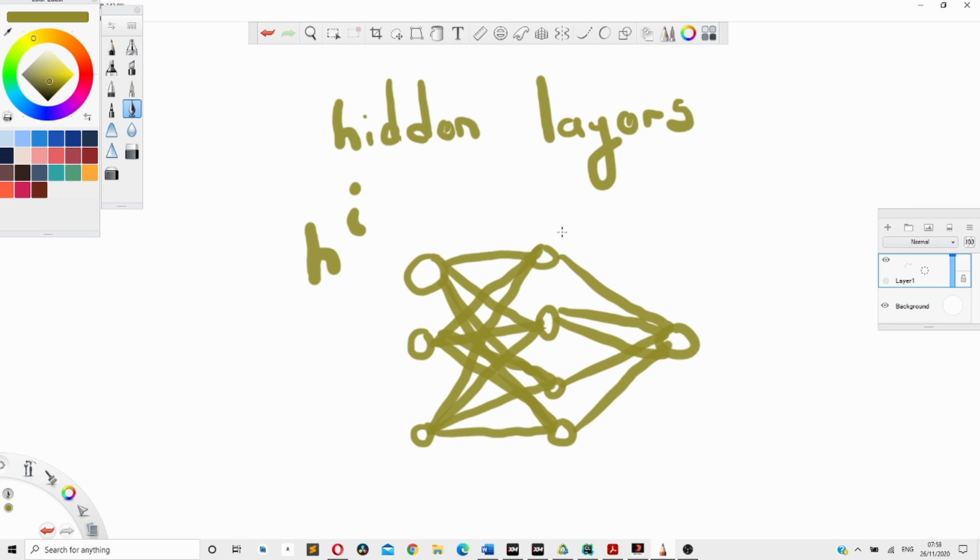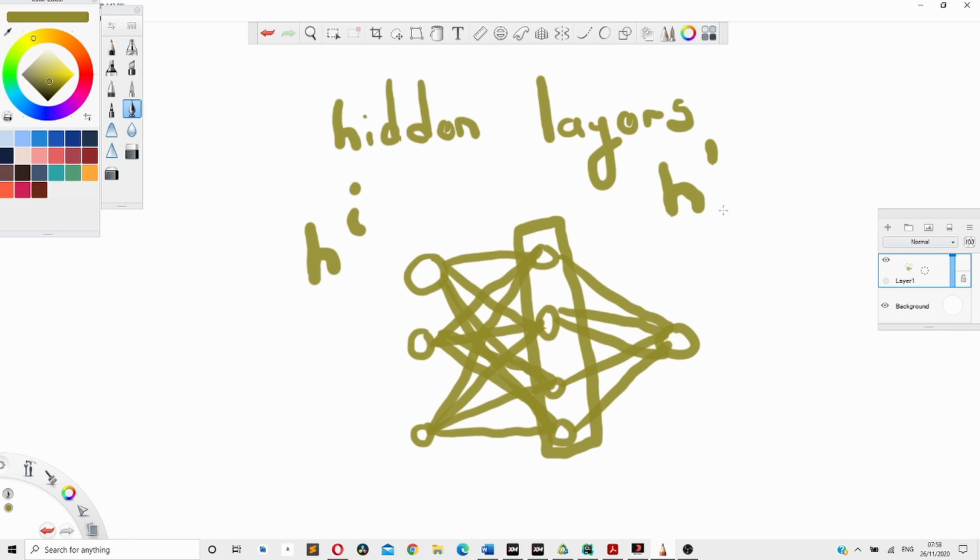We are going to represent this hidden layer as H1, since we have only one hidden layer.